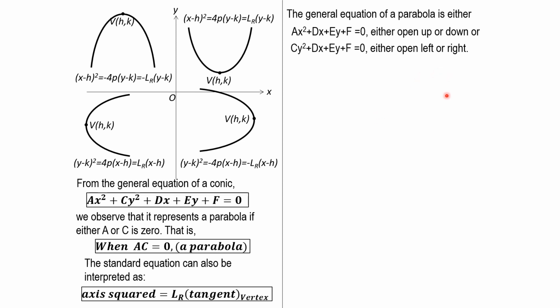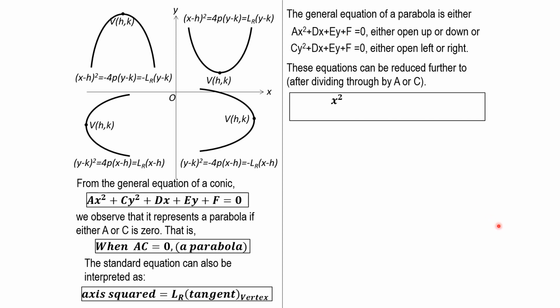So these equations can be reduced further after we divide everything by either a or c. So if you divide this equation by a, then it reduces to, we replace capital D over A by small d, E over A by small e, then F over A by small f.